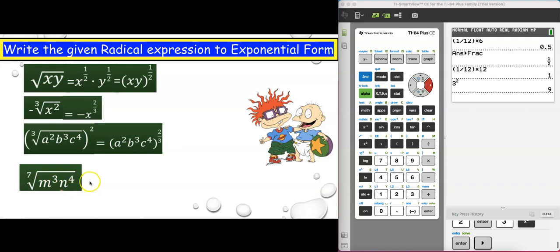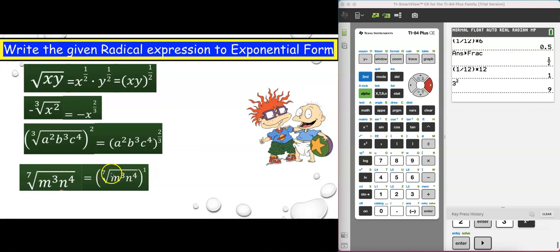Same thing. You take all of this that's under here, and it's all raised to the 1st power. There's nothing else out there. If there's no number out there, then you take all of what's under the radical and raise it to the 1st power, because anything is raised to the 1st power.